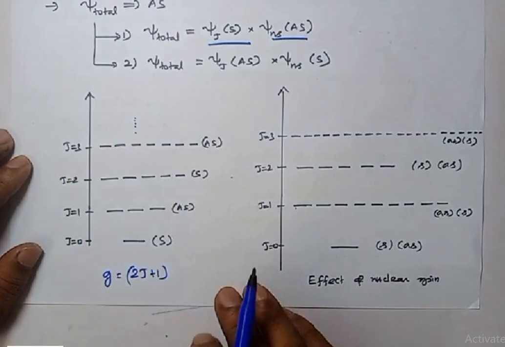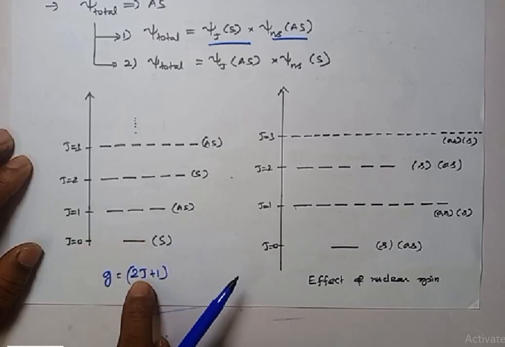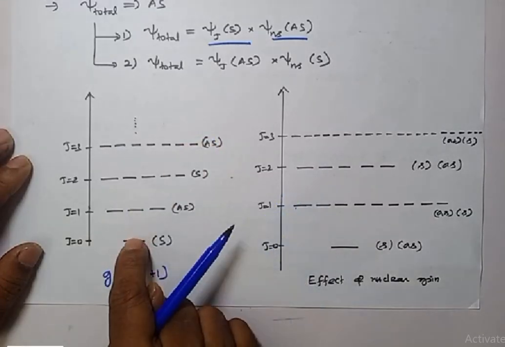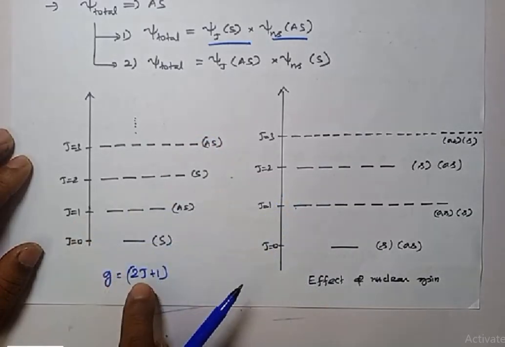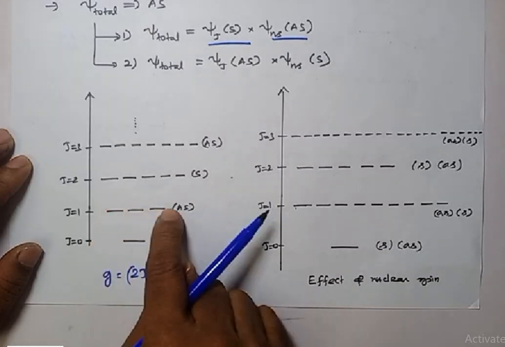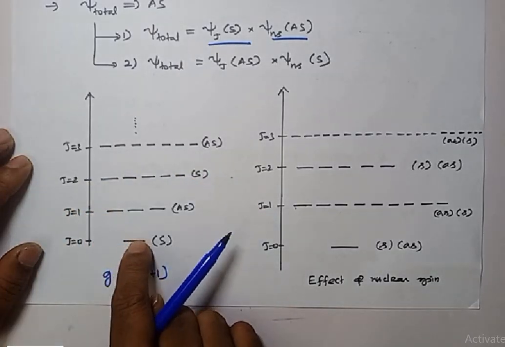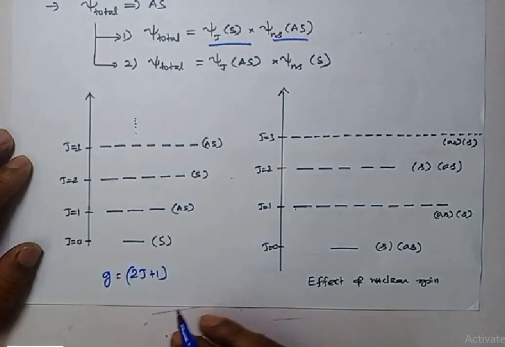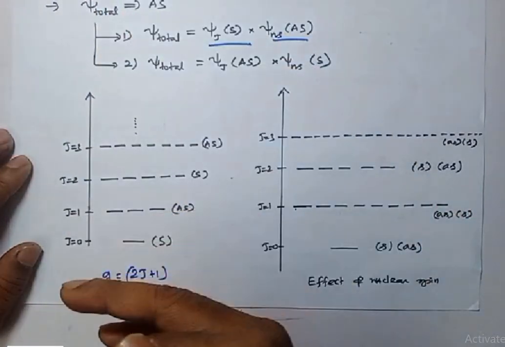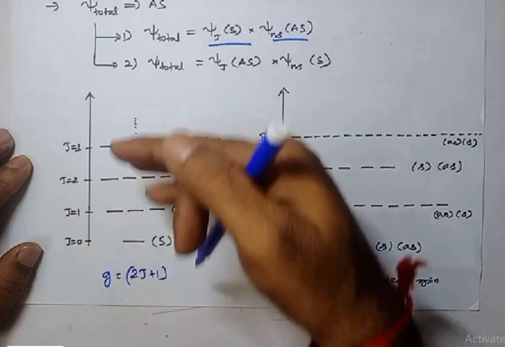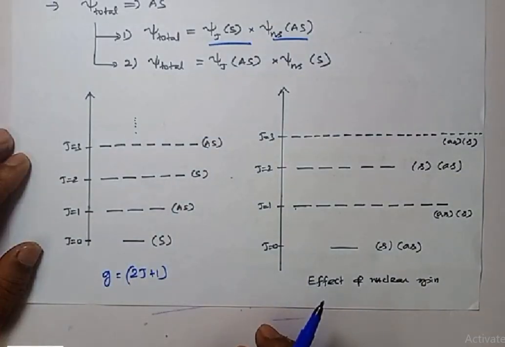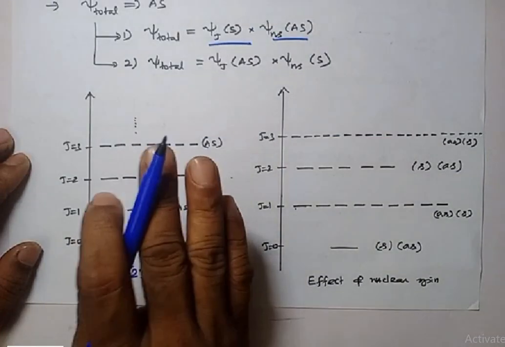Without considering nuclear spin, if J is 0 and you put 0 here, 2J+1 gives 1, so we have only one rotational state. If J equals 1, you will get 3 rotational states. One rotational state, then 3, 5, 7, 9, like that it goes. As we go higher and higher, the number of rotational states increases. Degeneracy increases. Listen carefully.